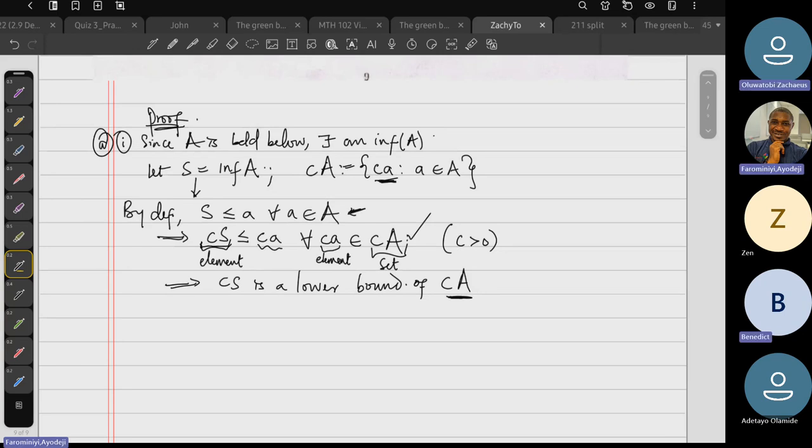What else do we need to show? There are two things in the definition of greatest lower bound. One is that it is a lower bound, and the second is that it is the greatest of all the lower bounds, right?